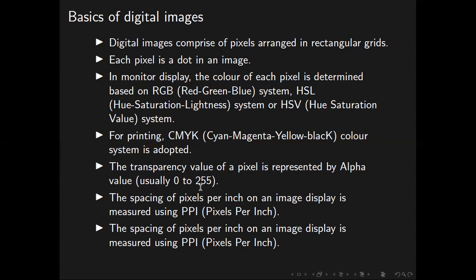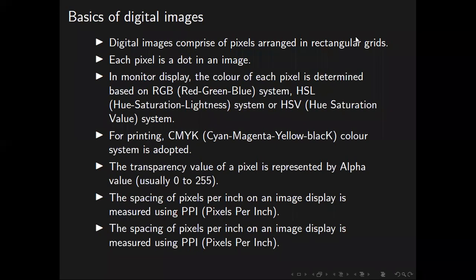We have introduced you to some new terms. They are RGB: red, green, blue. HSL: hue, saturation, lightness. Then HSV: hue, saturation, value.